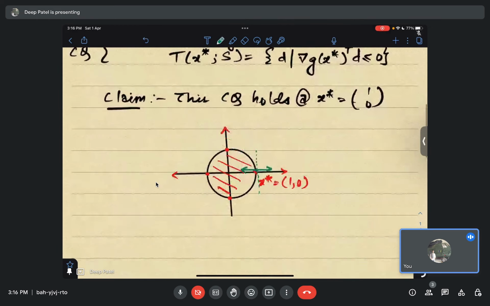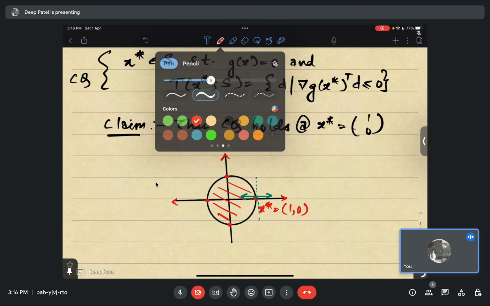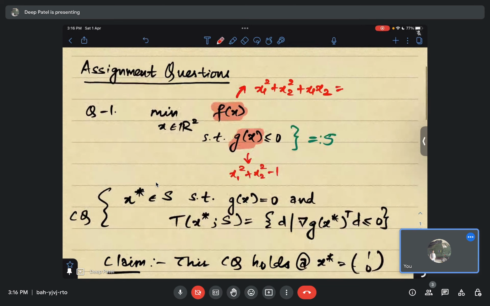Anything else we can say apart from this? So this is just a constraint set, by the way. I've not drawn the function. The function is actually x1 square plus x2 square plus x1 x2, so x1 plus half x2 whole square, so let's write it down.